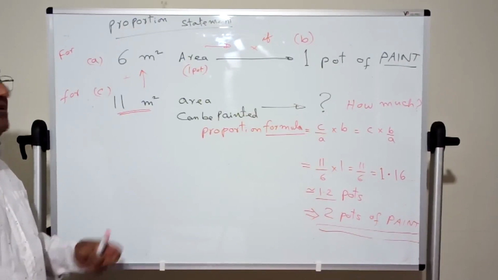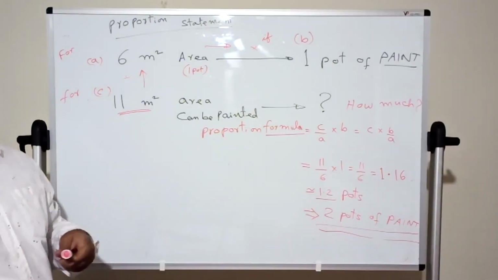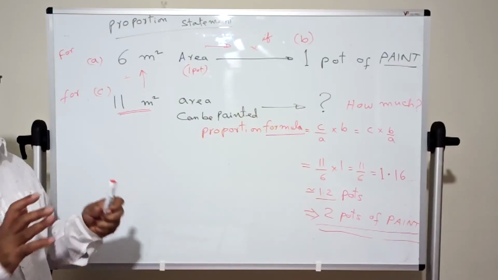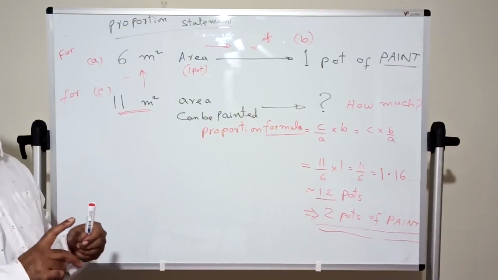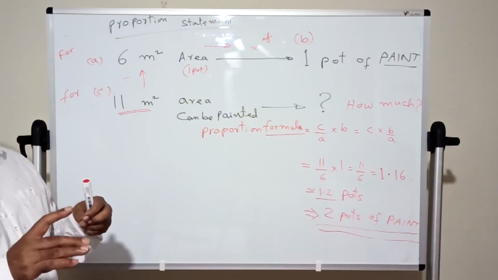Okay. And you have to convert the units, because when dividing or multiplying or whatever, you have to have a consistent single unit. If you want, you can completely work out in square centimeters.